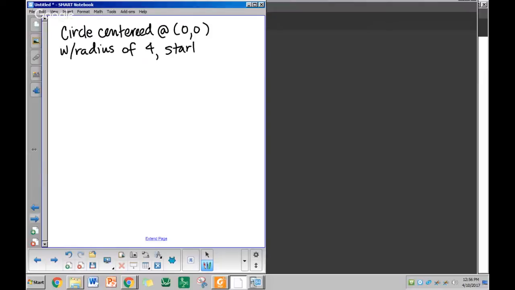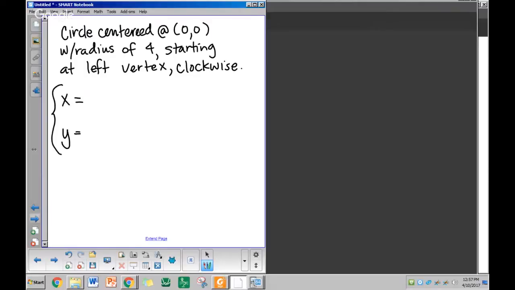I'm going to give you a starting point now, at left vertex. Left vertex means on the x-axis, on the left side, and we want to go clockwise. All right, so we're going to come up with some set of equations here, parametrically.